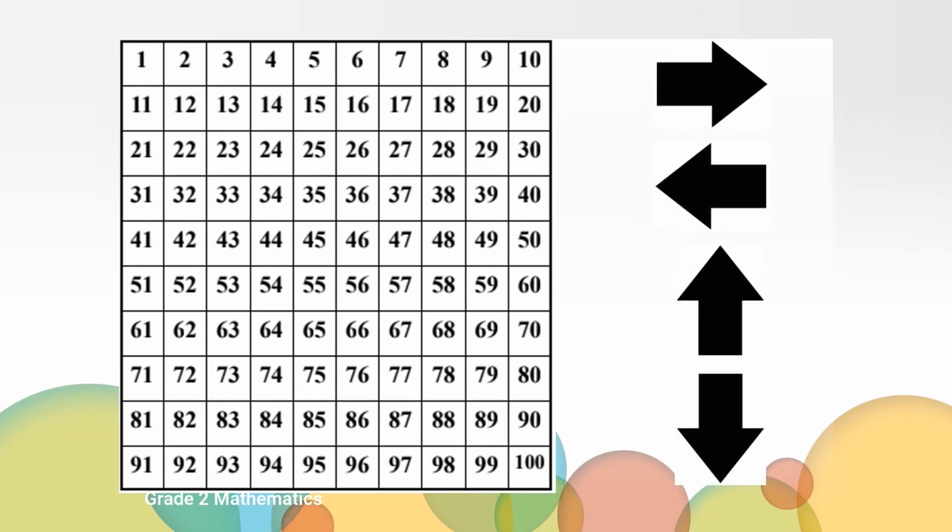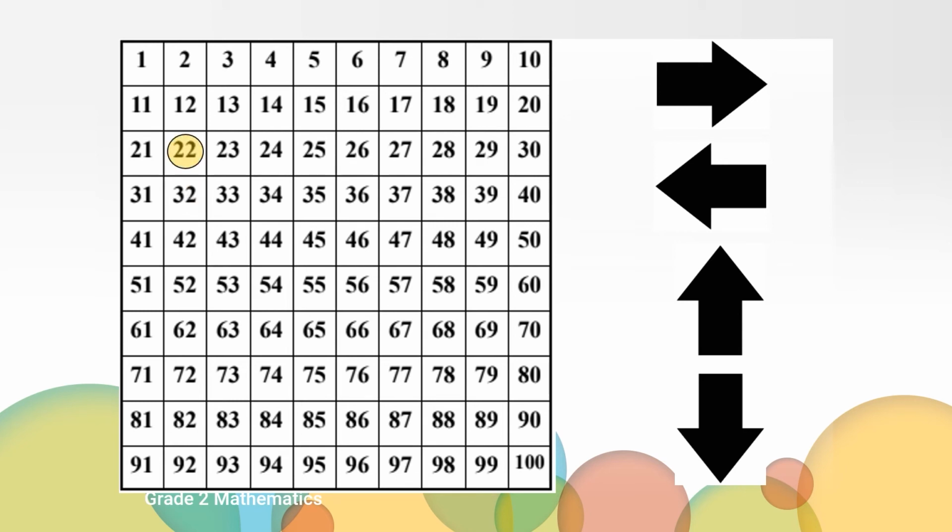The arrow pointing towards the right means you go over one space to the right like this. The arrow pointing towards the left means you go over one space left like this. The arrow pointing up means you go up on the hundreds chart one space like this.